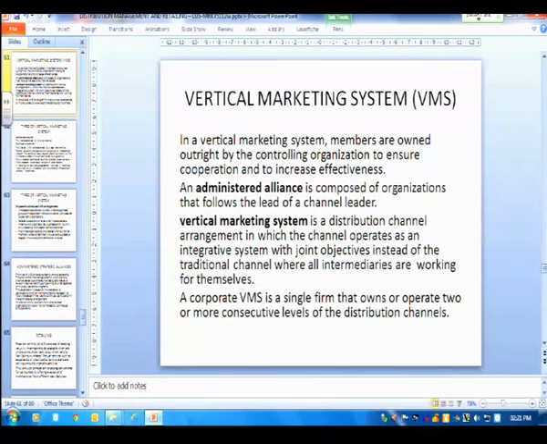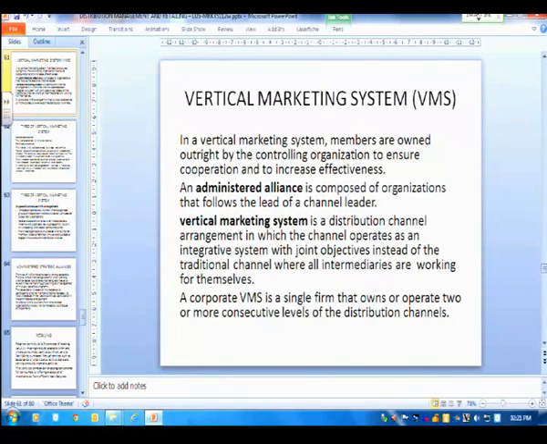Let's now look at the vertical marketing system, commonly known as the VMS. In a vertical marketing system, members are owned outright by the controlling organization, to ensure cooperation and to increase effectiveness.